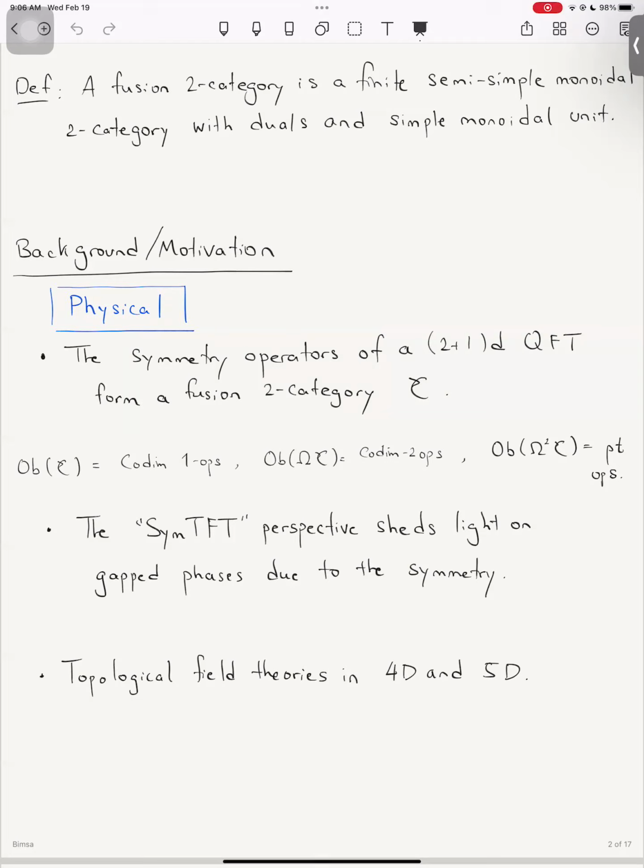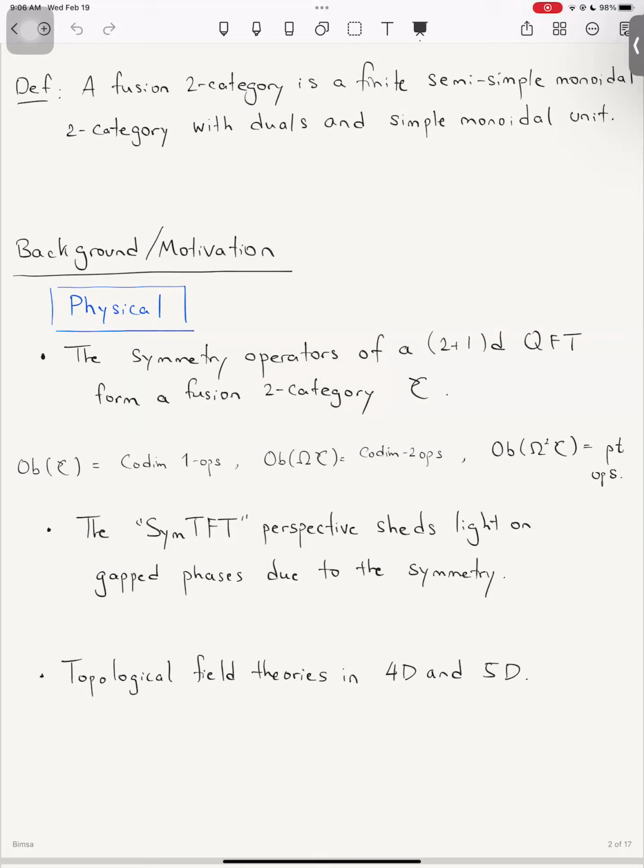There's another perspective that people have taken to symmetries in quantum field theories, and this is via the SymTFT. The idea is that you could capture aspects of the symmetry on the boundary by looking at a topological field theory built out of the center of this category, using the Reshetikhin-Turaev construction.